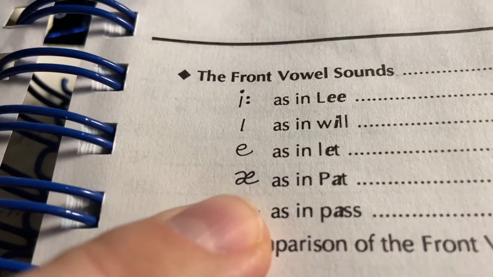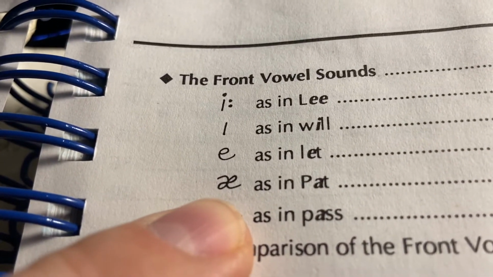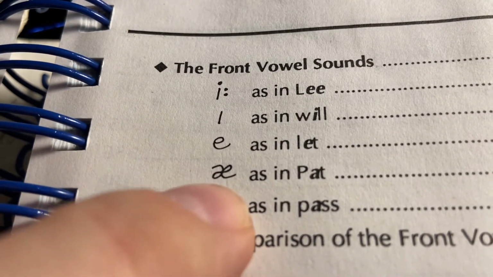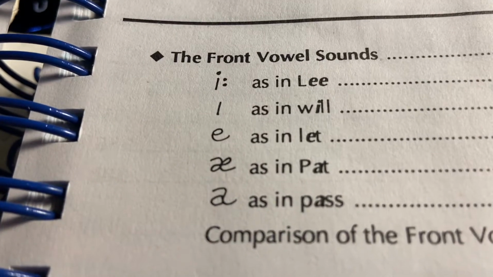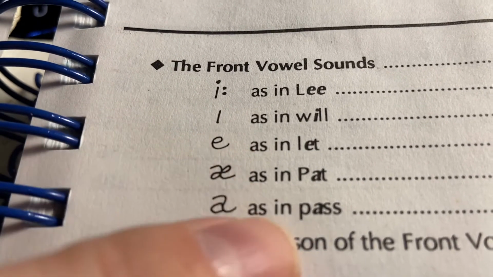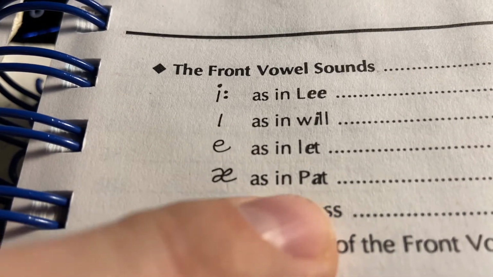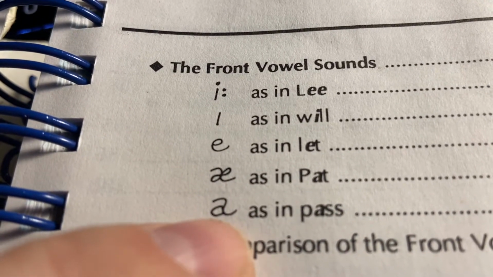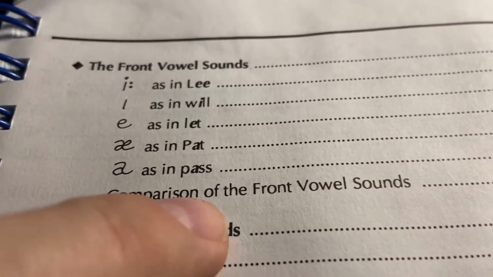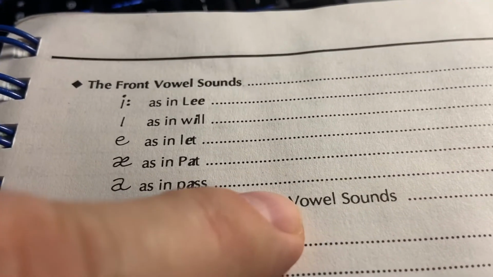This is an important one in the phonetic language. You'll find these in dictionaries, and other books too, but mostly different dictionaries. And this one right here is the A and the E as in 'pat'. This one is a regular A as in 'pass', and it's a comparison of the front vowel sounds.